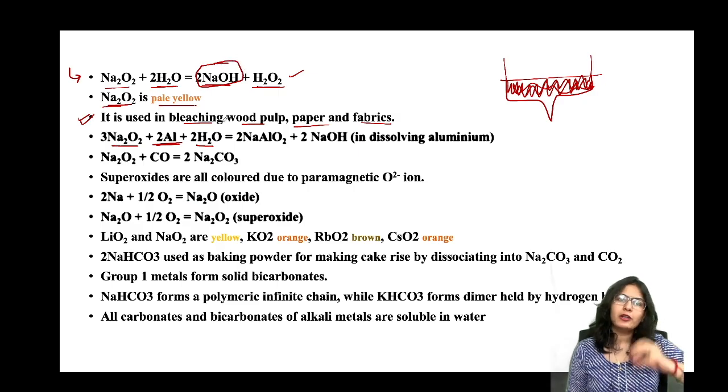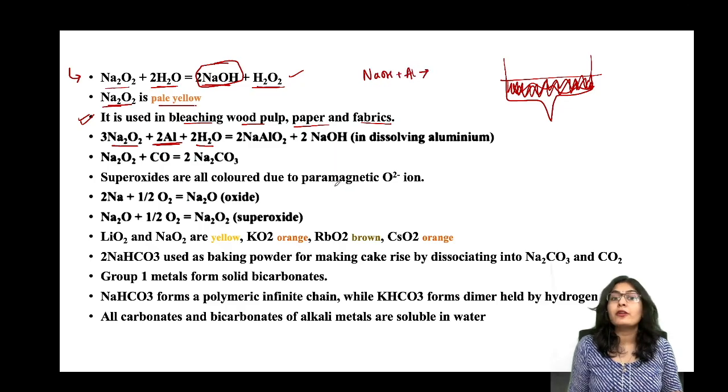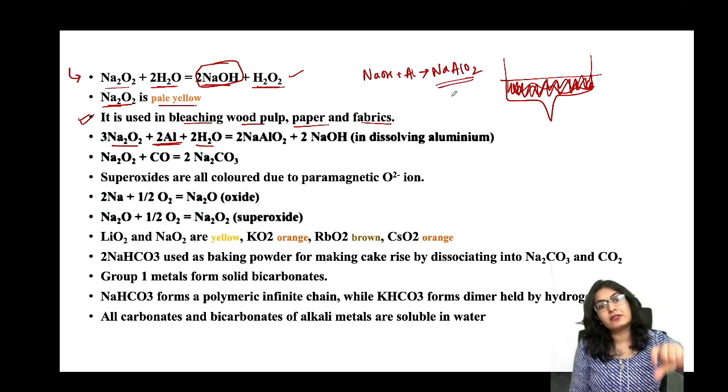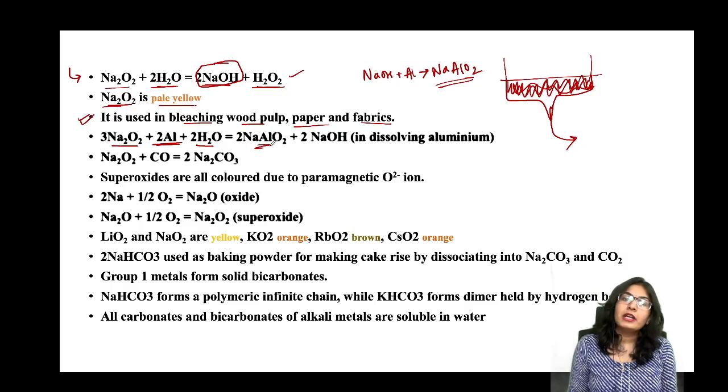Or you can directly also put NaOH into this, because NaOH and aluminium are going to form sodium aluminate, and that is water soluble, it is going to be dissolved and eliminated, leaving only aluminium. So it is a very important step in the extraction of aluminium.